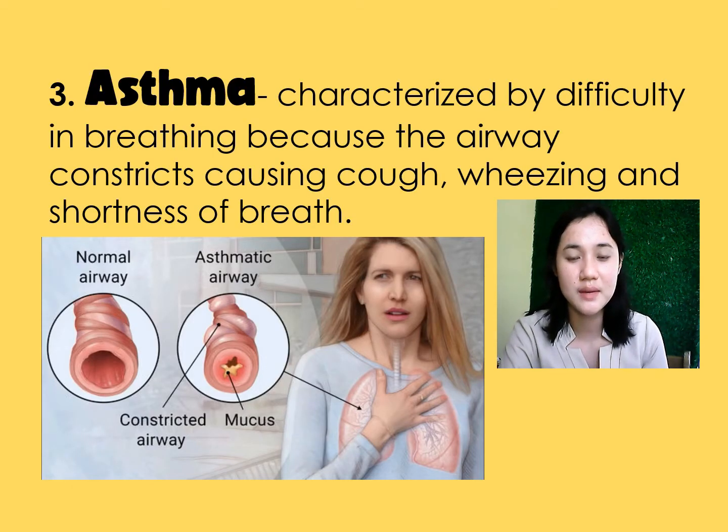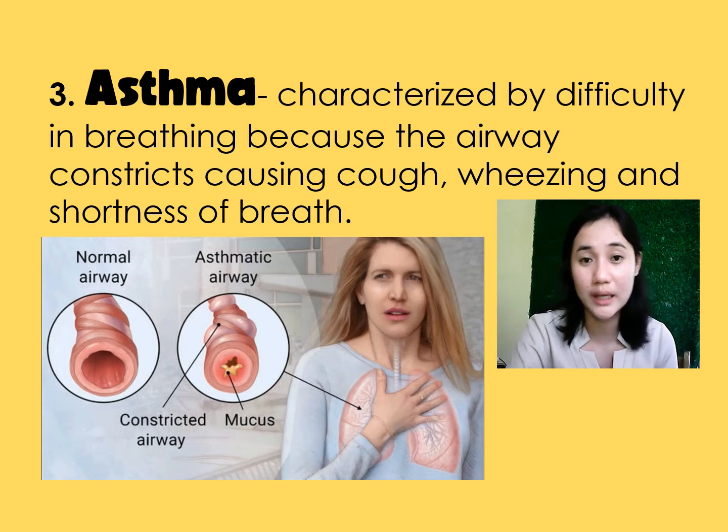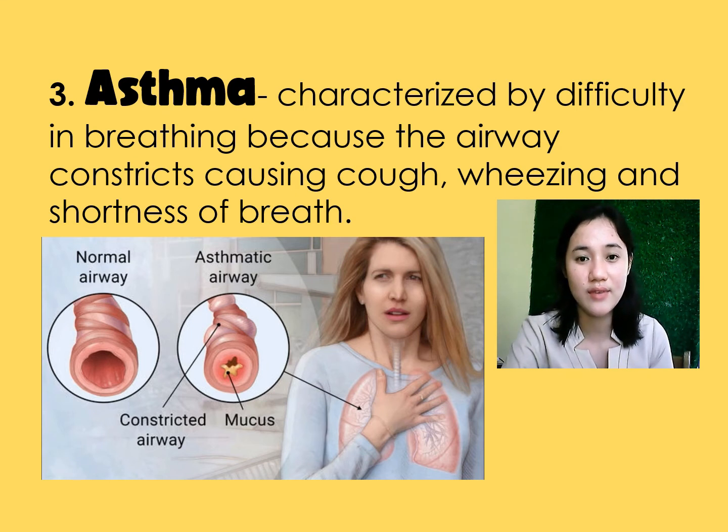Next one is asthma. Characterized by difficulty in breathing because the airway constricts, causing cough, wheezing, and shortness of breath. So, bakit nga ba tayo nagkakaroon ng asthma? Una, ang asthma ay meron sa mga taong very sensitive ang kanilang air passages or airway, yung daanan ng hangin, no? It constrict, ibig sabihin po nun, naninikip siya.